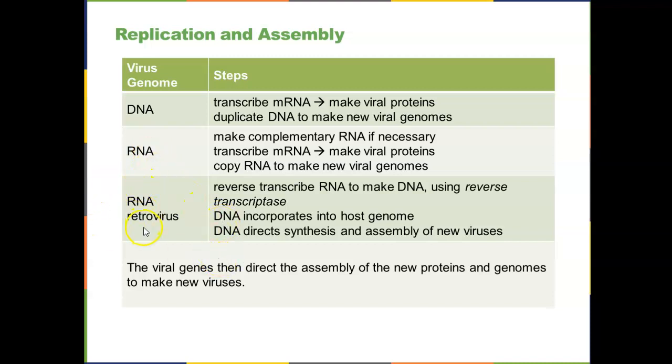And then RNA retroviruses, by far the most dangerous and the most complicated, and in a lot of ways the most interesting viruses. That RNA is rewritten backwards into DNA, and then the DNA is used both as a way of synthesizing fresh messenger RNA to make the capsid proteins, and then that RNA is also going to be duplicated.